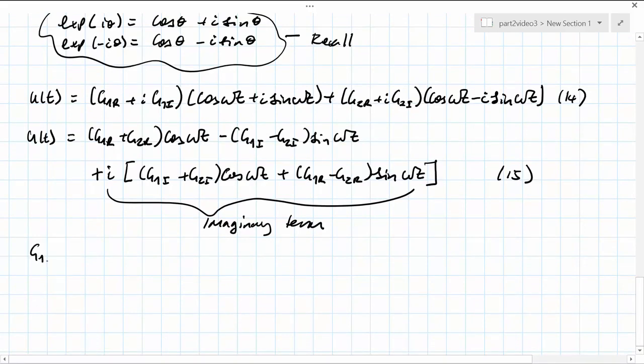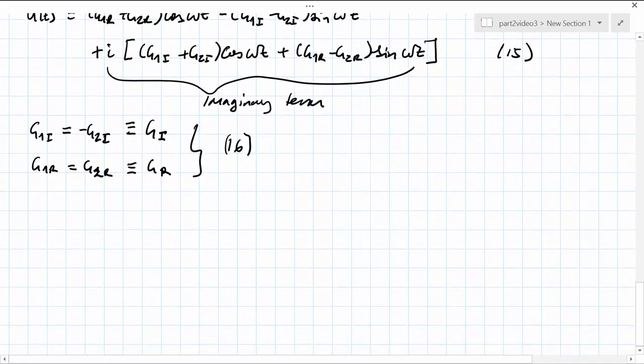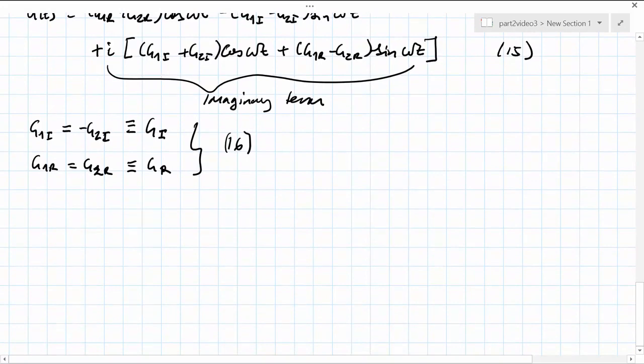Firstly, that g1I is equal to minus g2I, which we will define as just being gi, and g1r is equal to g2r, which we will define as being equal to gr. Equation 13.